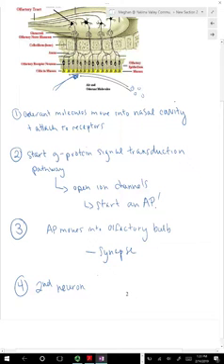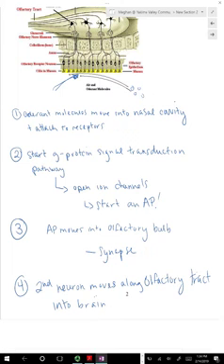Okay, so the second neuron moves along that olfactory bulb, but the olfactory bulb is directly attached to the olfactory tract, and remember we saw this in our lab. So it moves along the olfactory tract into the brain, because remember a tract is in the CNS.